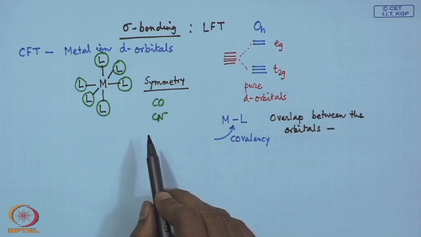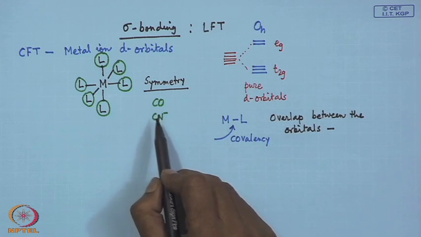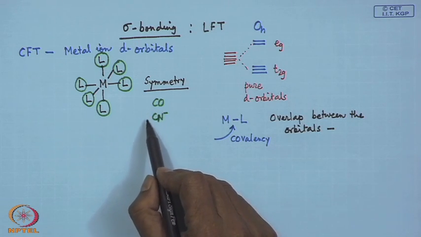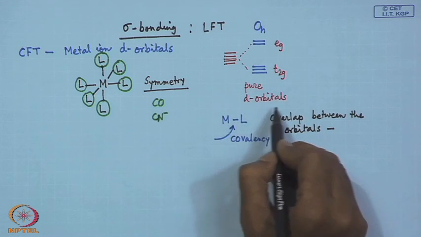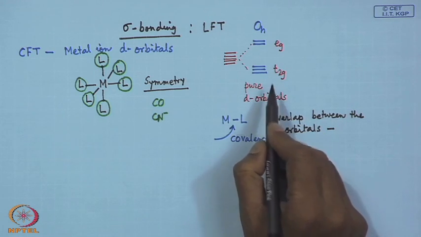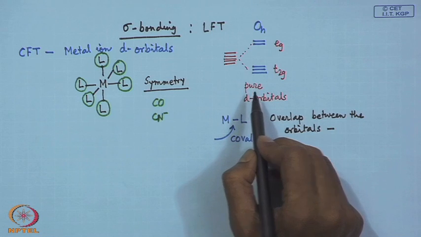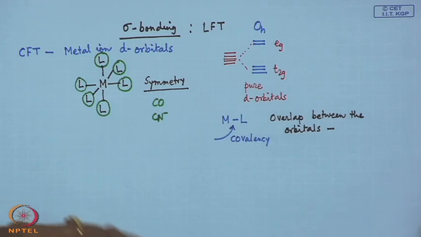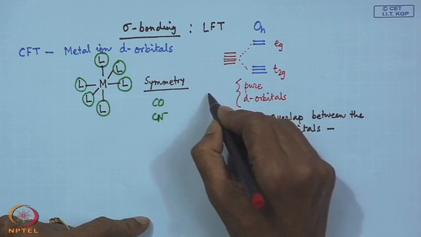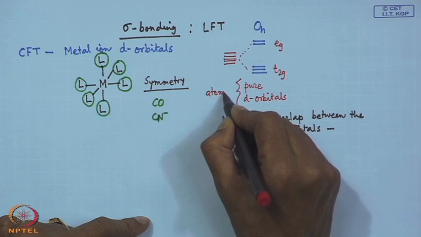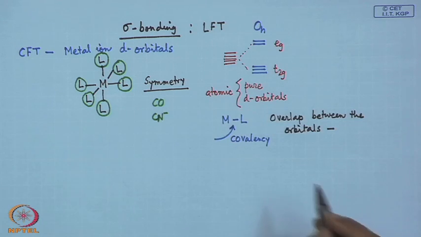As a result, we are not talking in terms of the atomic orbitals, because the d orbital splitting in terms of the crystal field theory involves pure d orbitals, which are atomic orbitals.